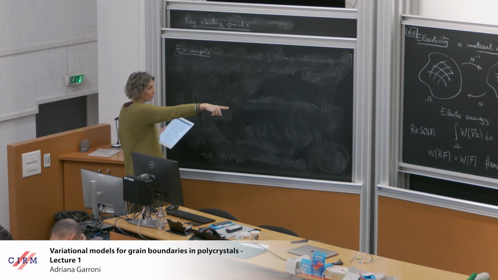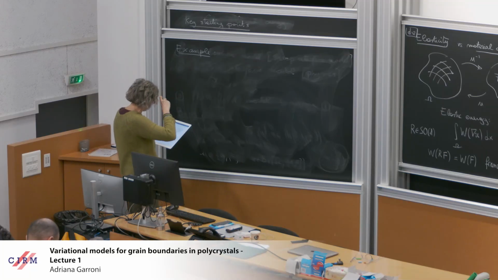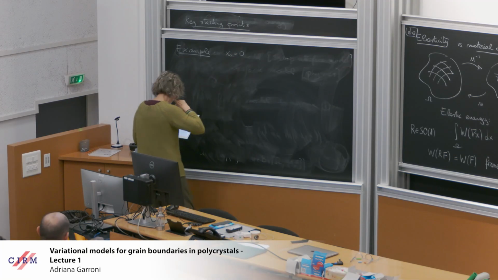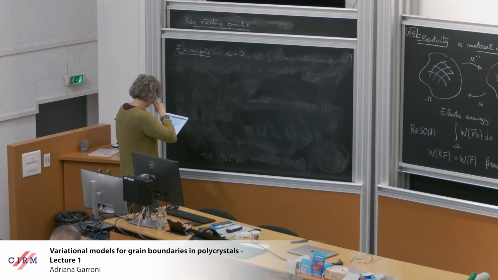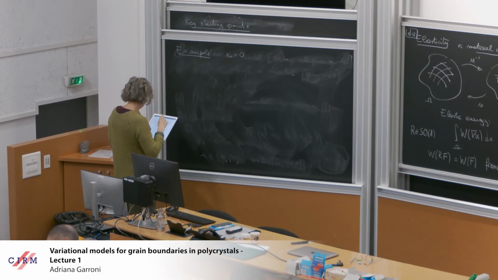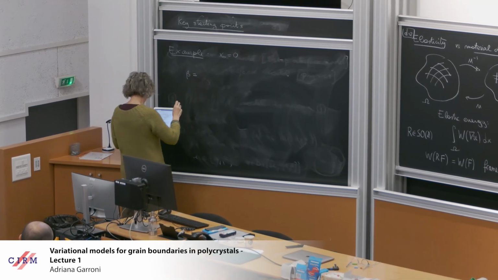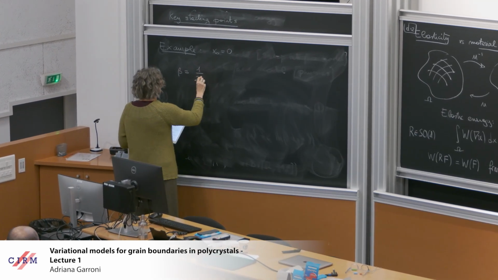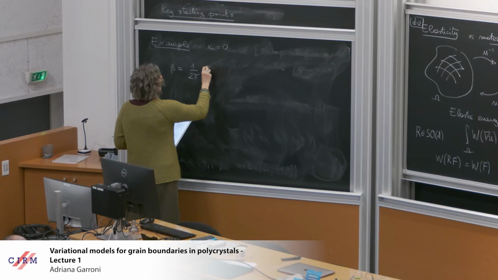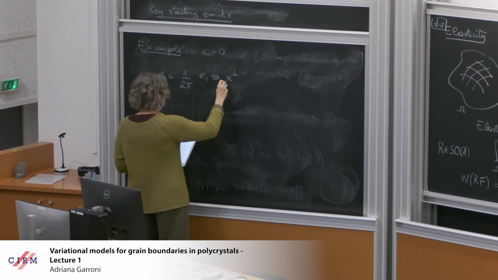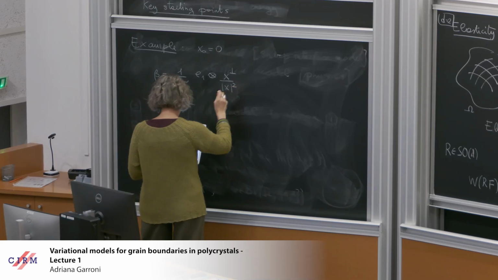Just to show you what type of example of defect you may have. Suppose I take a point x0, which is 0, and then I take a field beta, which is 1 over 2 pi, e1 tensor product x orthogonal over |x| squared.